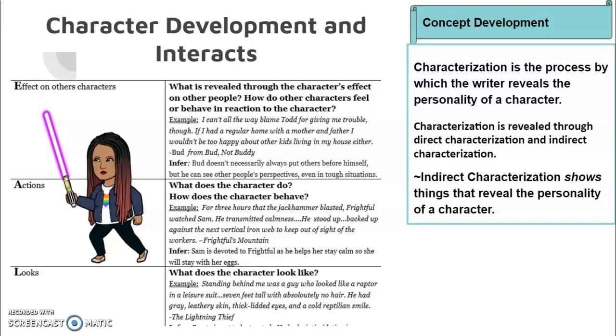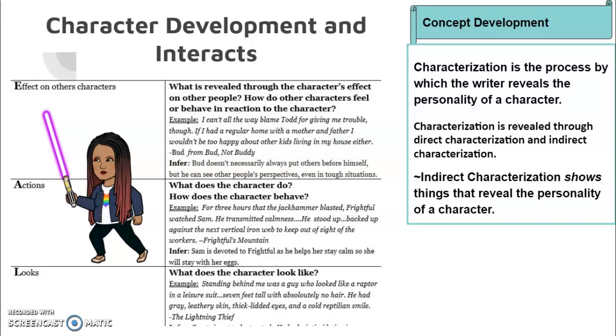Okay? I'm going to read this one. I'm not going to read the other two. "I can't all the way blame Todd for giving me trouble, though. If I had a regular home with a mother and a father, I wouldn't be too happy about other kids living in my house either."